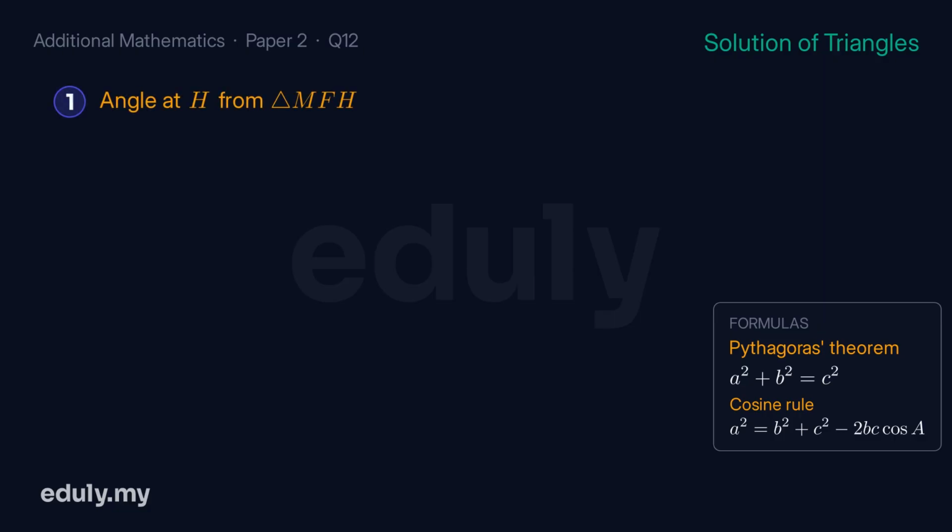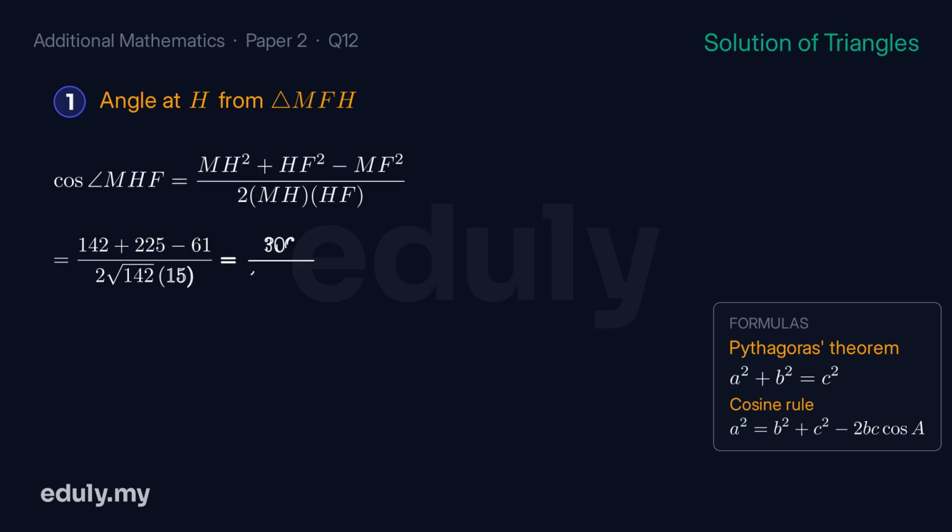Use the cosine rule once more, this time for the angle at H. Put the three sides in, with the angle at H between M, H and H, F. The angle at H comes out as 31.13 degrees.